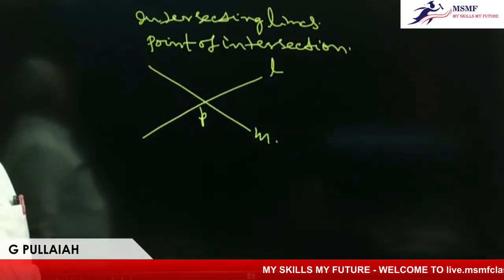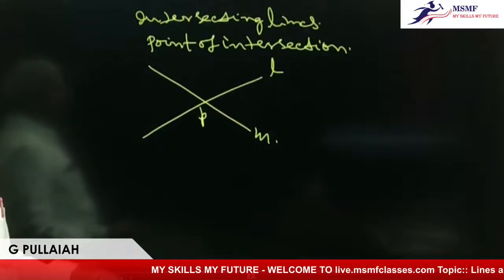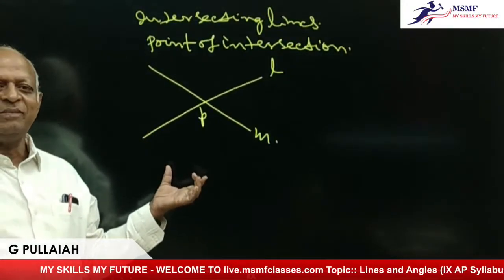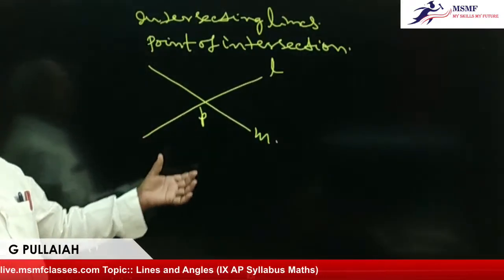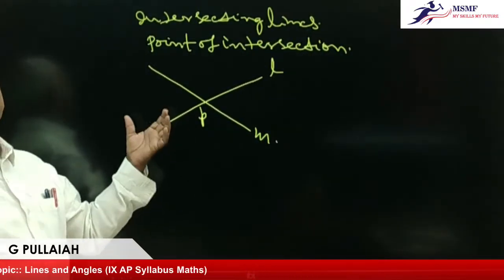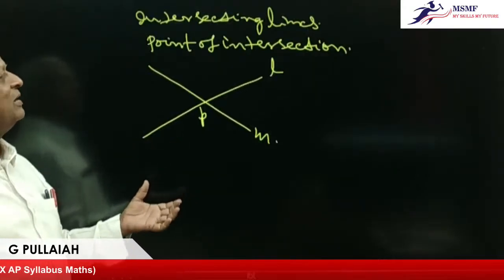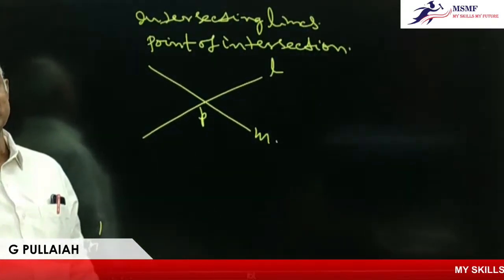I hope you understood the point. Here, two lines are intersecting at one point, and that common point is called the point of intersection. Clear?